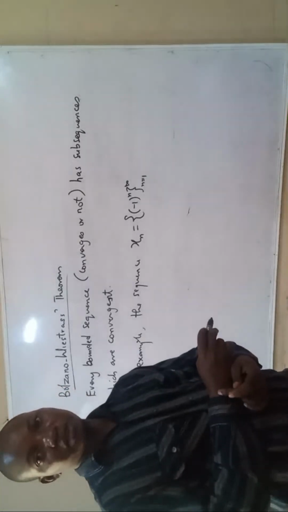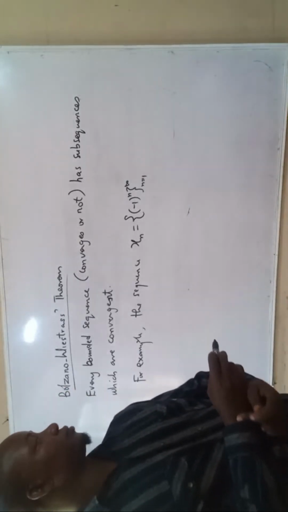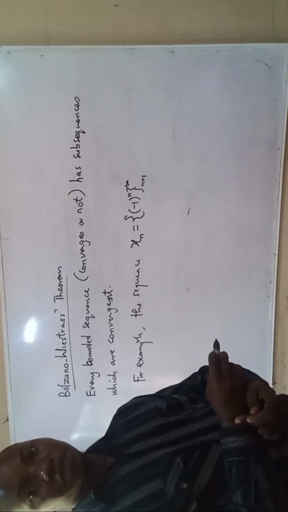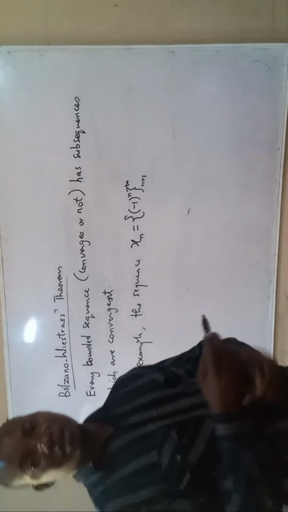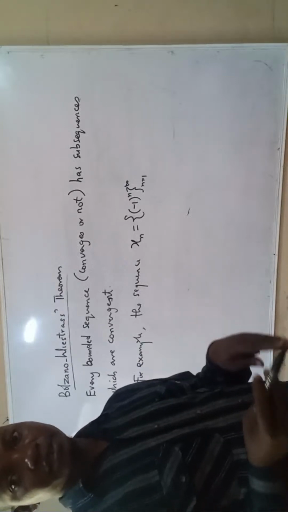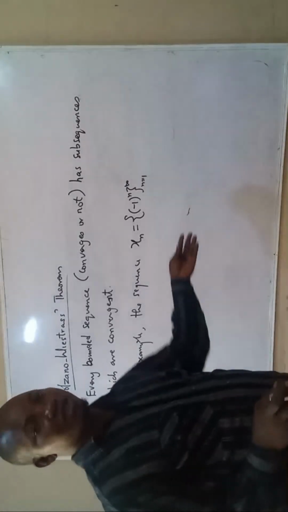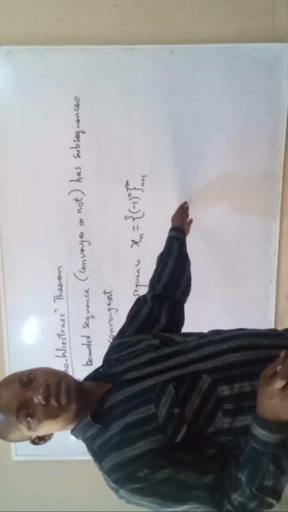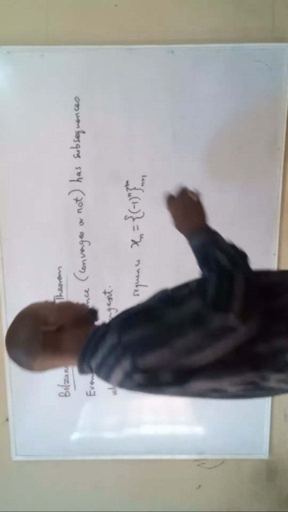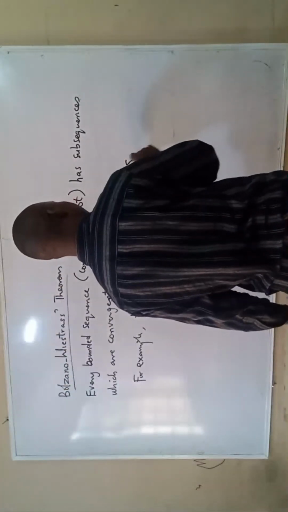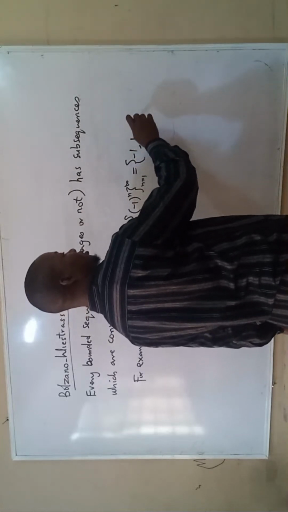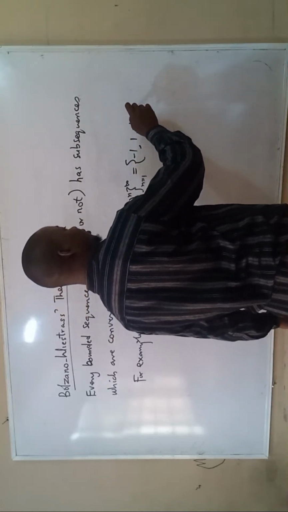The information we have about the sequence is that it is a bounded sequence, but it is not convergent. But if you are able to deduce some of the subsequences, what this theorem is saying is that those subsequences will be convergent. So let's list out some of the elements of this.